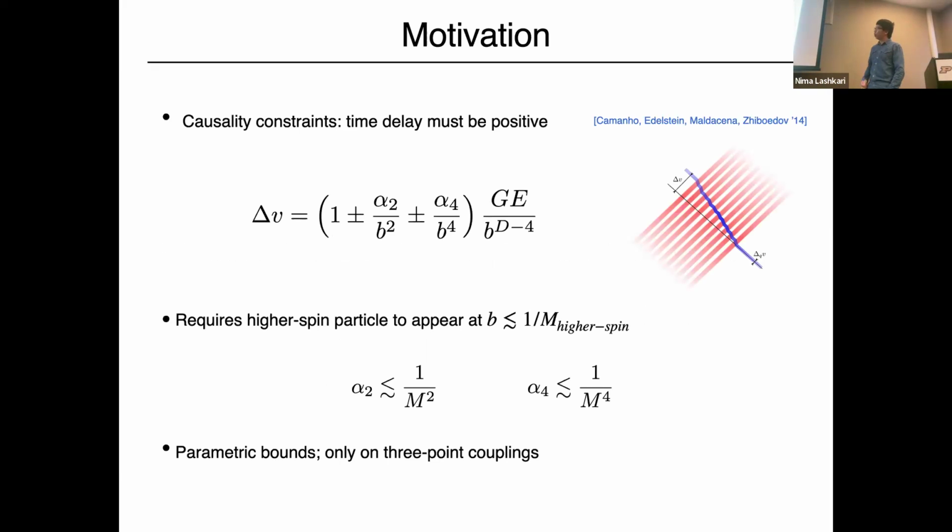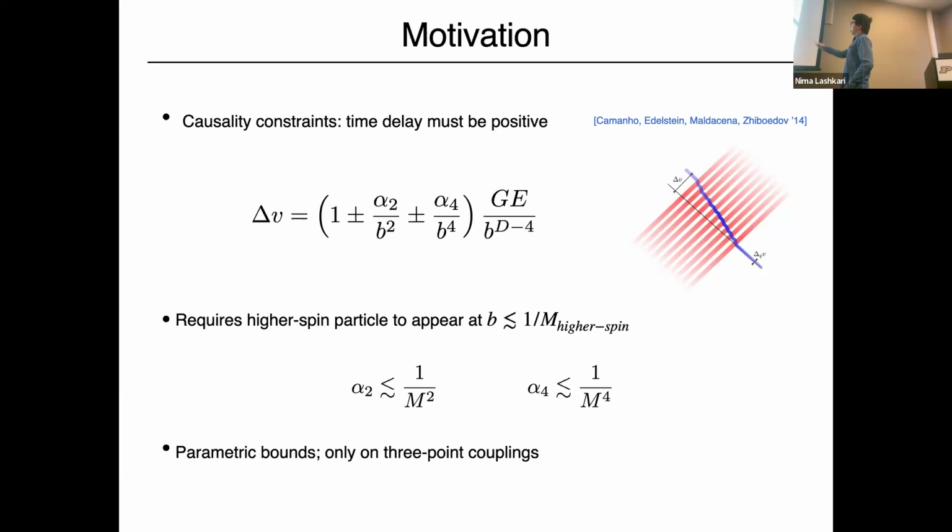And so it's known that there are indeed constraints, and perhaps one famous example is this result by Camanho, Edelstein, Maldacena and Zhiboedov. The constraint basically comes from causality.